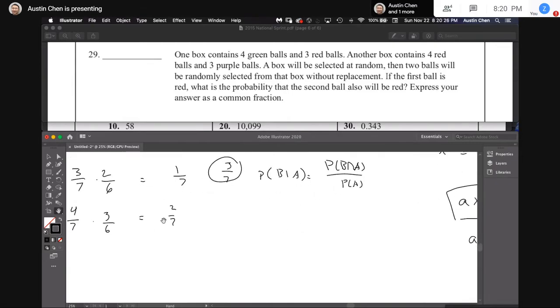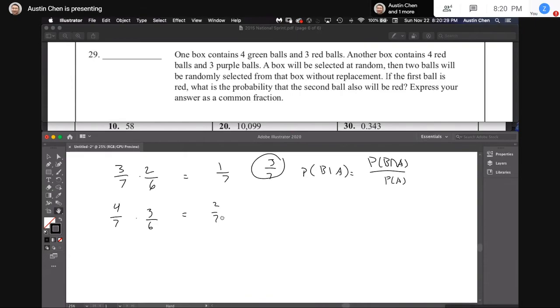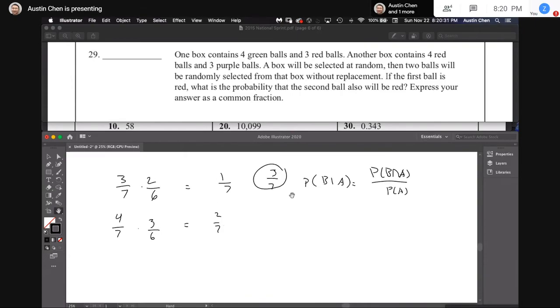All right, yeah. So okay, maybe we can apply this to here. We want to find the probability of second red given first red, right?